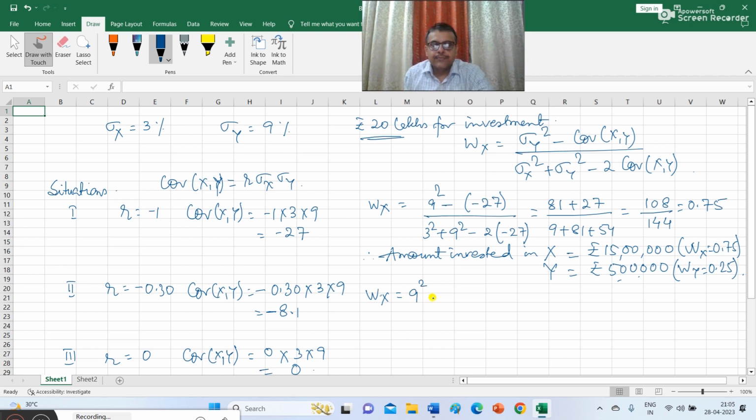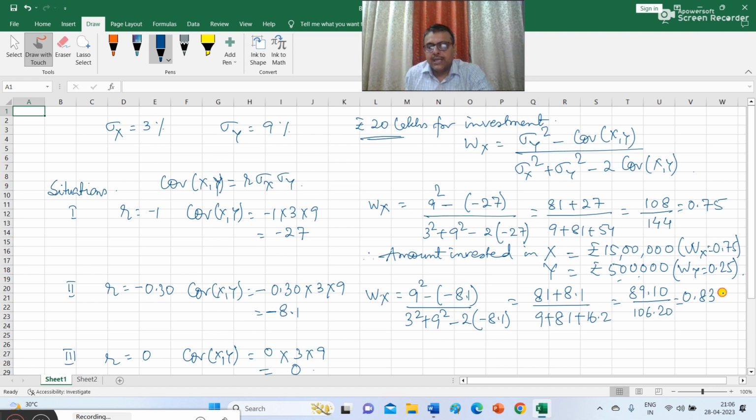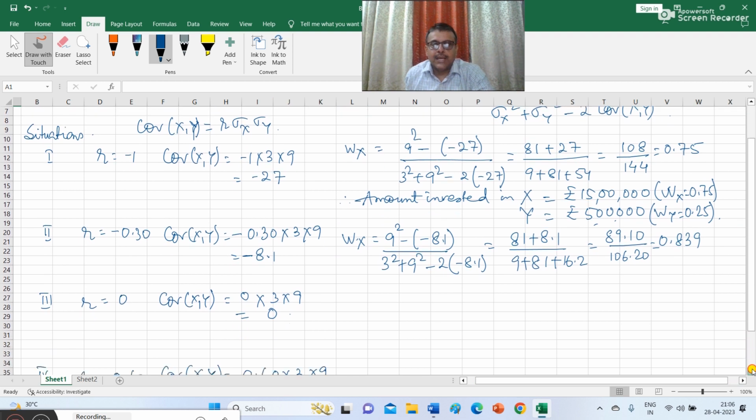So 9 square minus 8.1 divided by 3 square plus 9 square minus 2 into minus 8.1. So Wx will be calculated at 0.839.